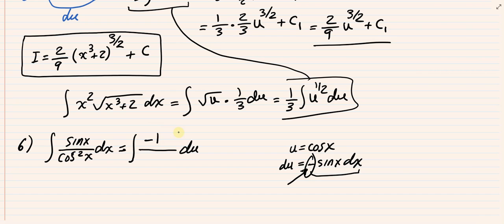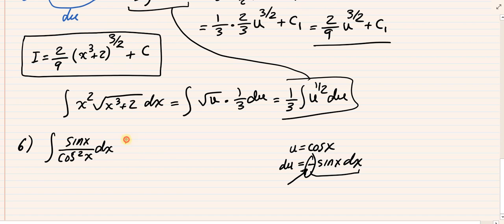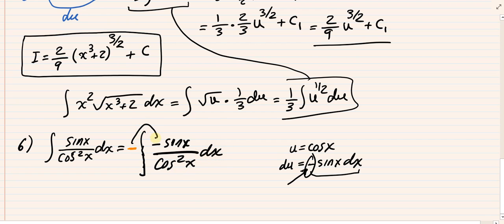If I build the integrand, this is how I would build it. I'm going to go negative on the outside of the integral of negative sine x divided by cosine squared x dx. You see that? The double negative makes positive. So this is what I mean by building the integrand, and that's what I've done.